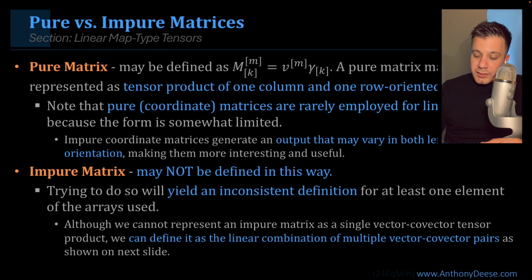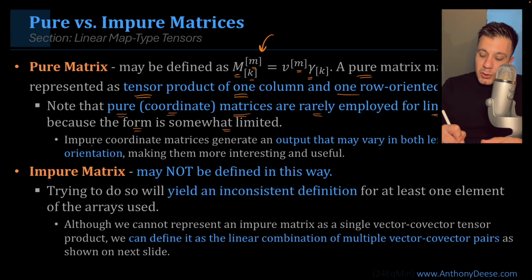So a pure matrix may be defined as, and this is actually the equation we just drew, every element M_mk is equal to the product of the mth element of the column-oriented and the kth element of the row-oriented arrays. A pure matrix may be represented as the tensor product of one column and one row-oriented array. So note that pure matrices, pure coordinate matrices, are rarely employed for linear maps because the form is somewhat limited.